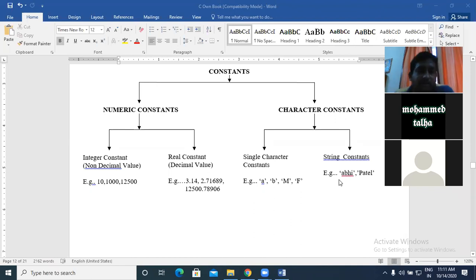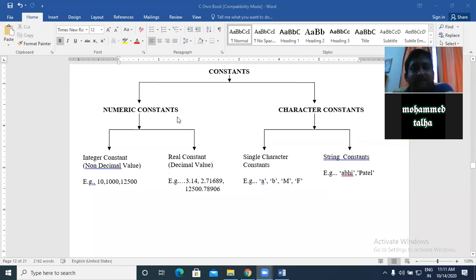In numerical constants, integer constants are non-decimal values. Real constants are also known as float, or decimal values, like 3.14, 2.71, 12,500.78906. That is an example of a decimal value.